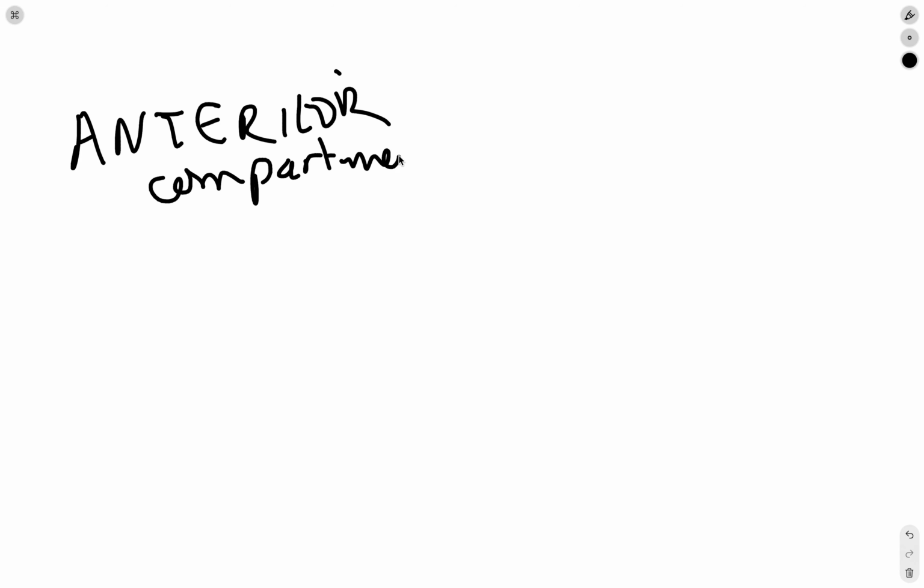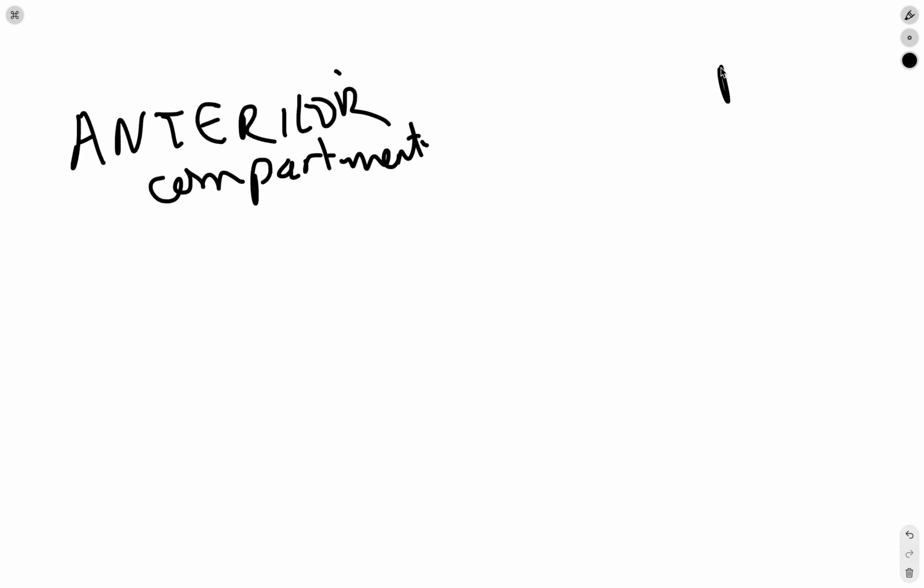So now we have those, and what we should do, and I'll draw it up here too, is on the top of the left piece of paper, you can just put a little label that says anterior compartment. Pretty small, but that's part of it.